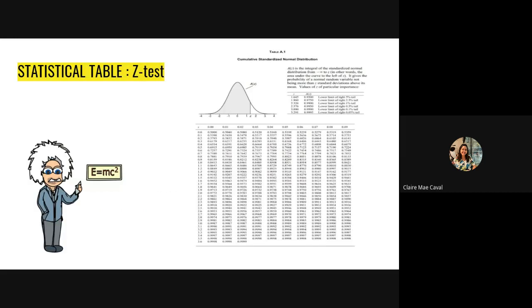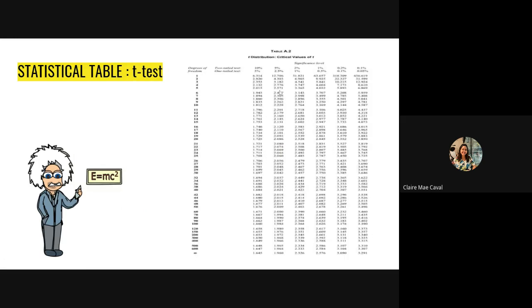So lastly, this is the statistical table. Ignore Einstein's formula. This is the statistical table for your z-test, and this one is the statistical table for your t-test. I believe I already shared the different statistical tables with you. They're in the folder of our lecture SAS modules.